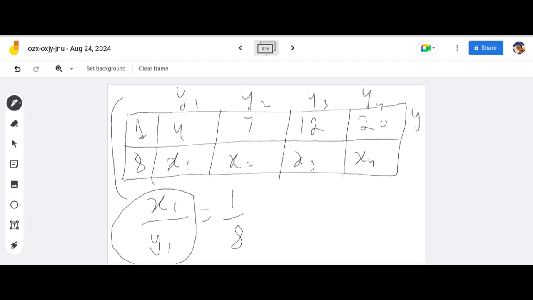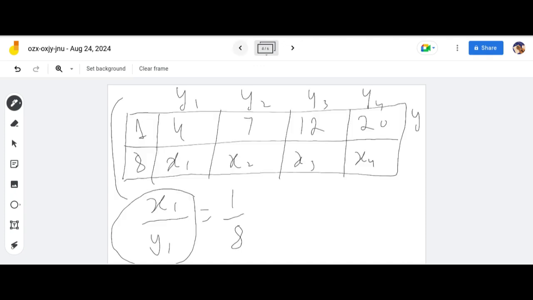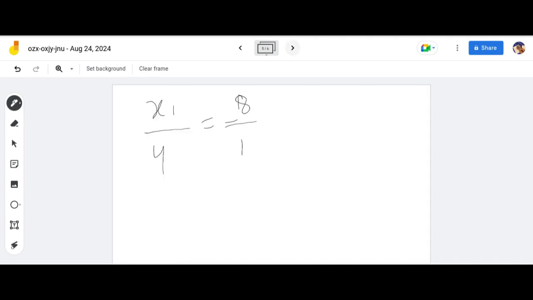Very good. Y1 is 4, and 1 by 8 becomes 8 by 1, with 8 on top. So this is x and y. So 8 by 1 is the complete value.